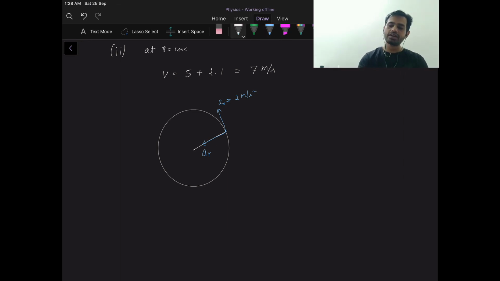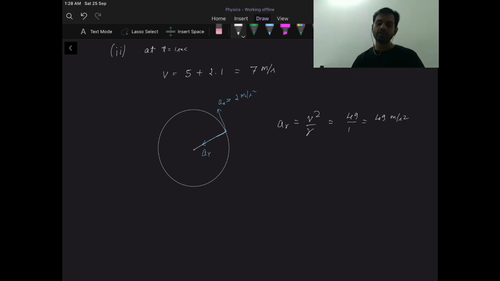What is the value of radial acceleration? It will be equal to v square divided by r. V is 7, so 7 square is 49 divided by 1, or 49 meter per second square. Is this clear?